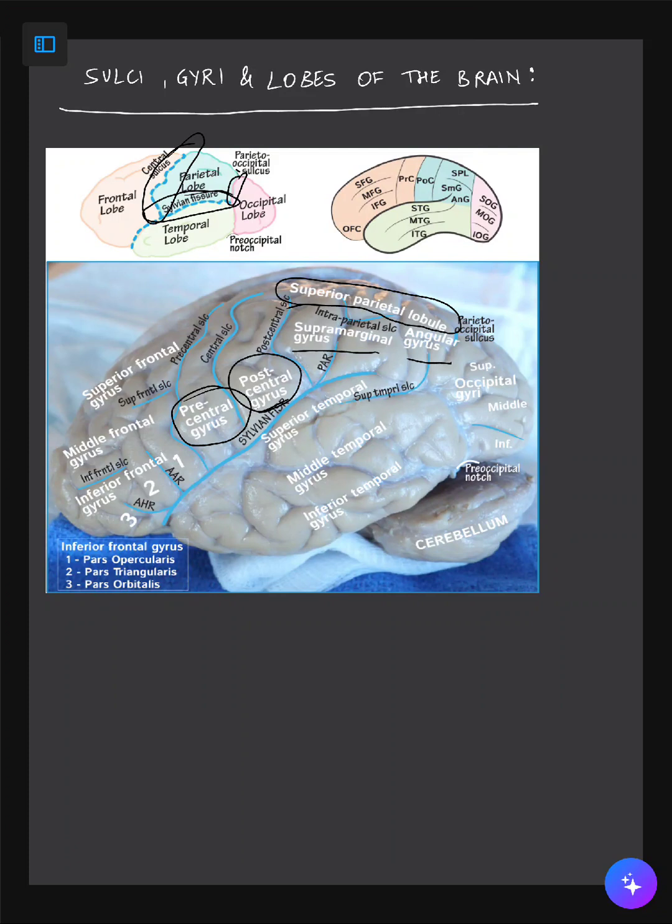The temporal lobe is divided into the superior temporal gyrus, middle temporal gyrus and inferior temporal gyrus. And the occipital lobe has the transverse occipital gyrus, superior, middle and inferior occipital gyri, and also the calcarine sulcus. So these are all the gyri and sulci of the brain.